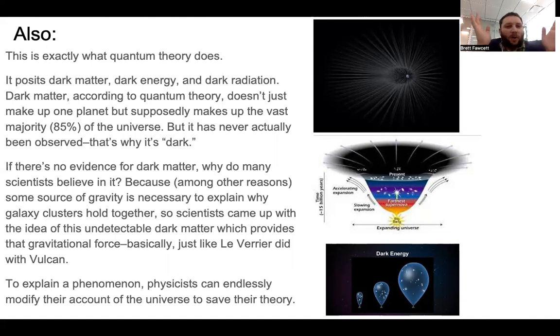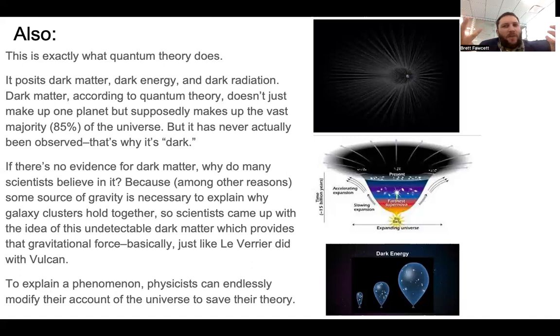If there's no evidence for dark matter, or at least we've never observed dark matter, let's say, then why do scientists believe in it? Well, there are other reasons for it, but it's basically from the effects that it supposedly has. They say some source of gravity is necessary to explain why galaxy clusters hold together. So where's that gravity coming from?